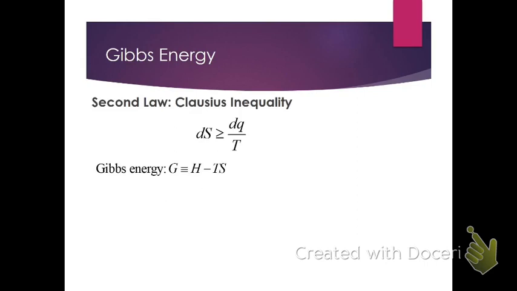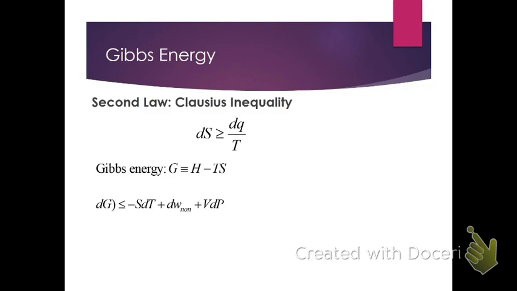It is important to note that we are defining it this way. This is the reason for the 3 bars instead of a normal equal sign. So this is the definition of the Gibbs energy, and again, this comes from a derivation based on the Clausius inequality, which we're not going to go into.